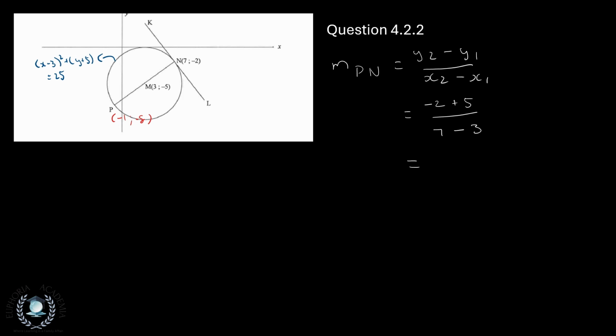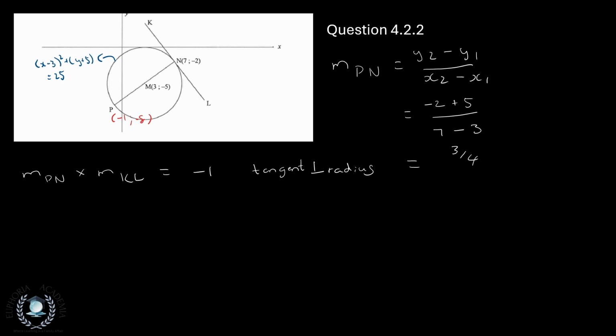And that will give me an answer of 3/4. Now, like we said, we're going to use this gradient to find the gradient of the line KL. We know that the gradient of PN multiplied by the gradient of KL is going to give us -1, which basically means that they're perpendicular because the tangent is perpendicular to the radius.